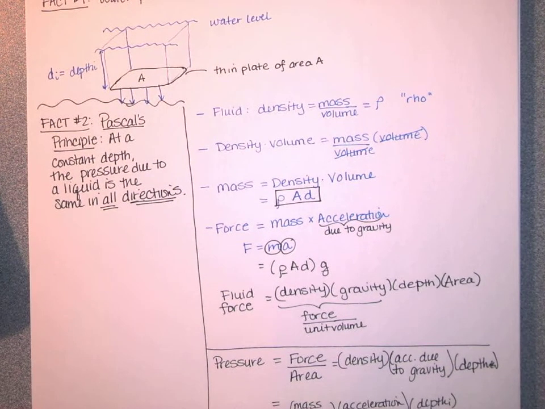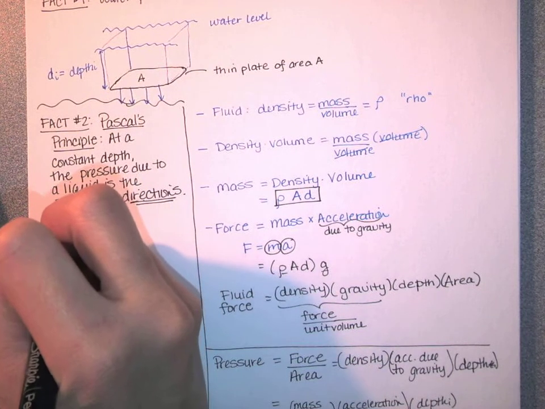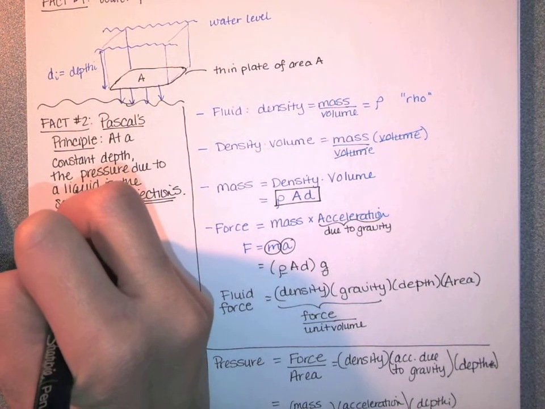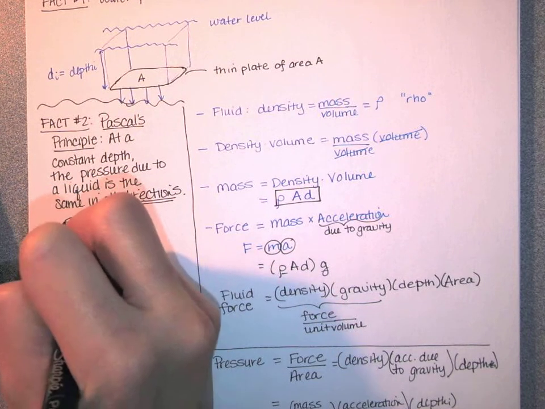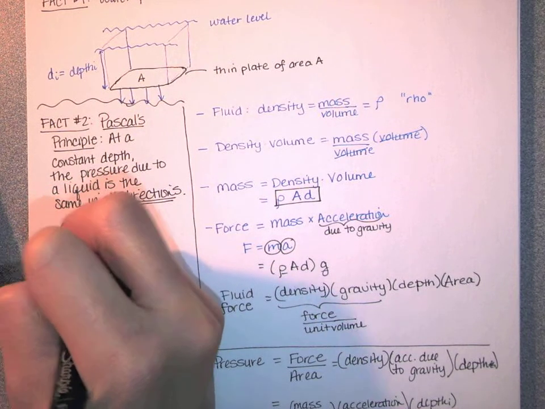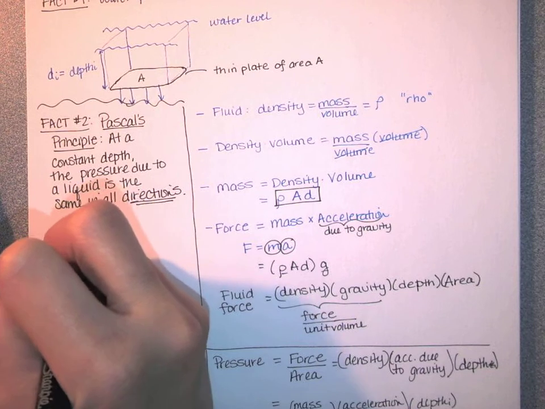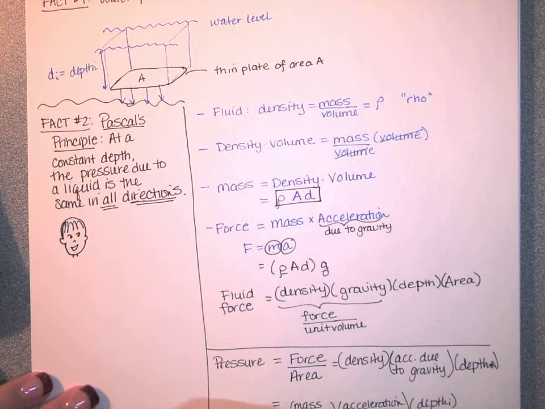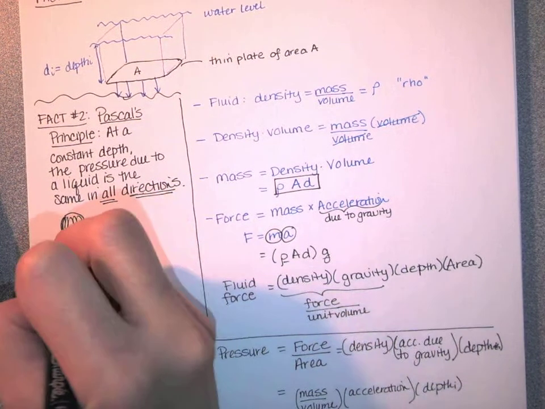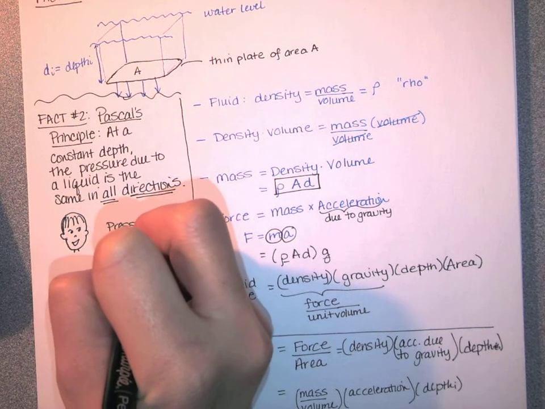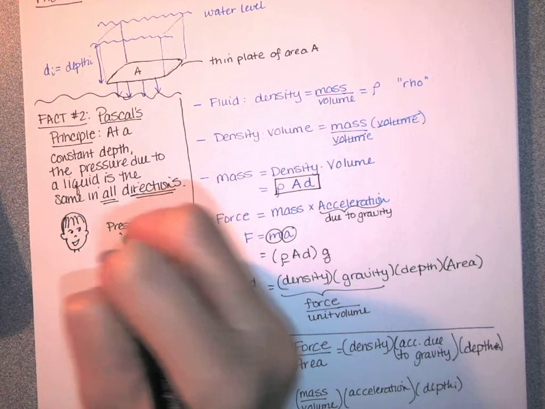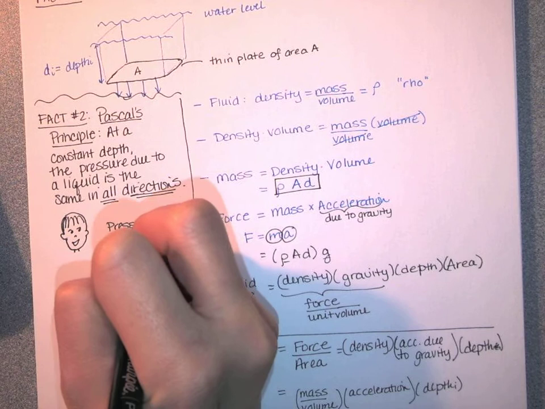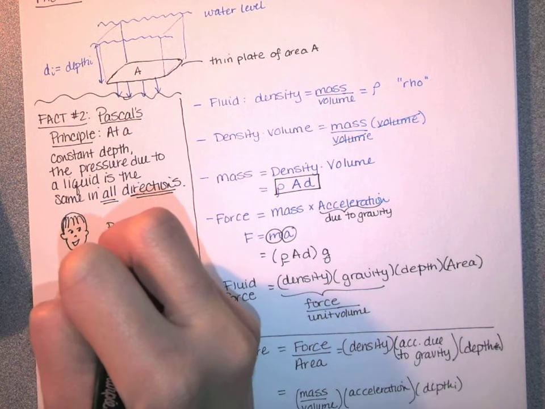I read one textbook that said, if you're talking about a diver, so here's our diver. I'm not a very good artist. There's his hair, and there's his ears. Maybe his eyes look like this. And he's happy because he's diving, right? They say the pressure at his nose is the same as the pressure at his ears.